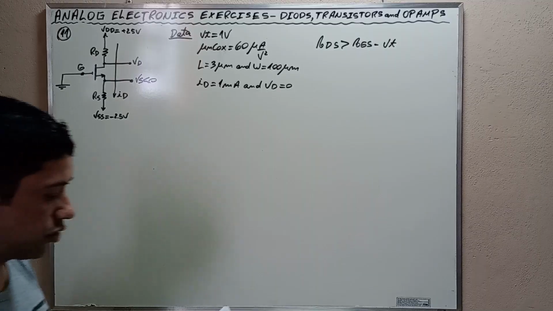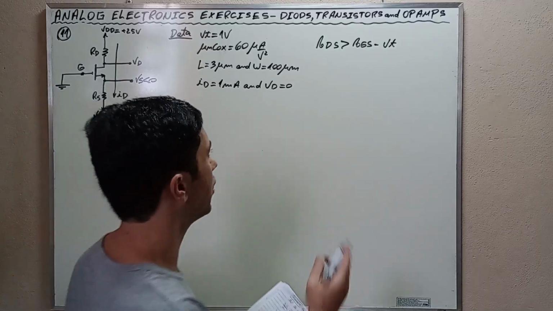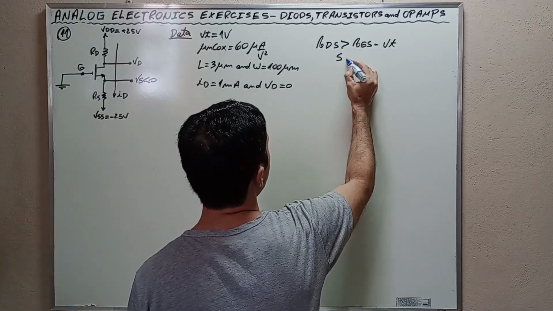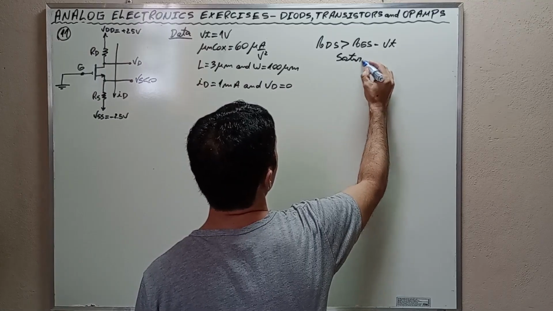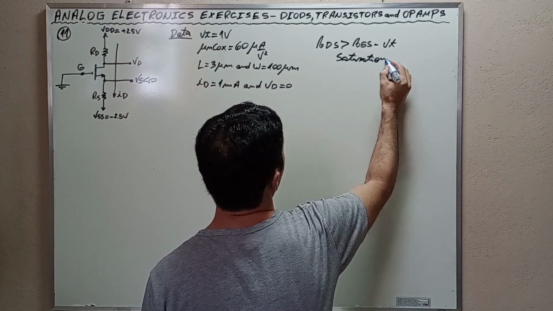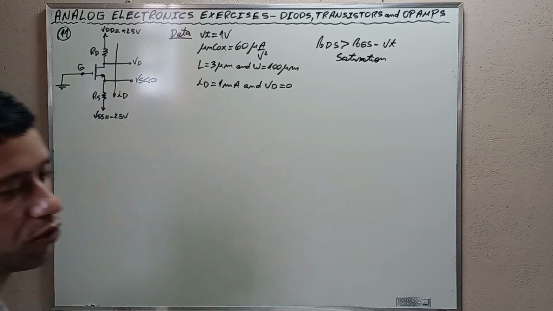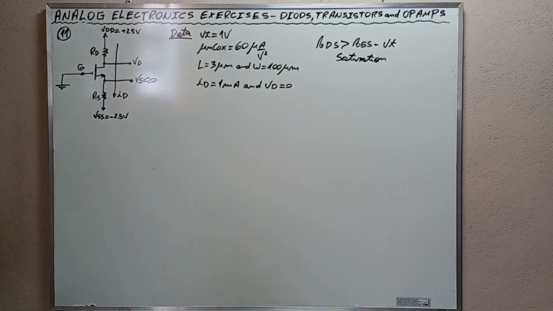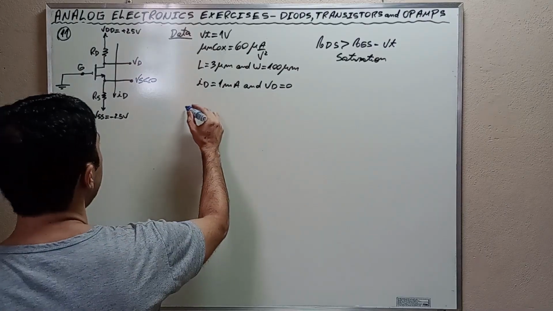And then we discovered that the condition for saturation is satisfied. Okay, then we are going to use the expressions for saturation. Observe that we can calculate ID in this way.